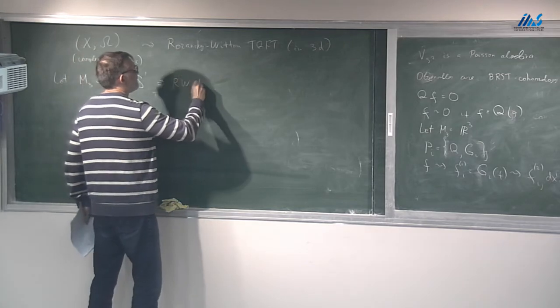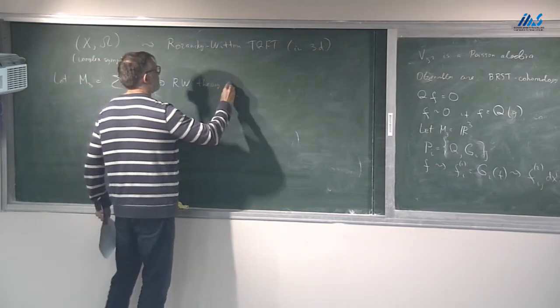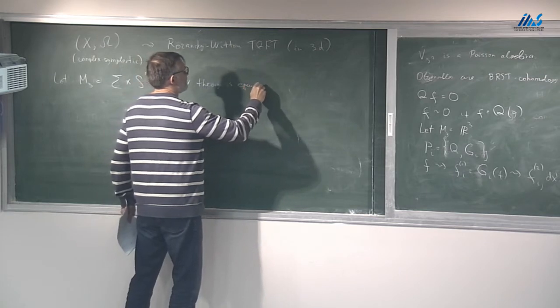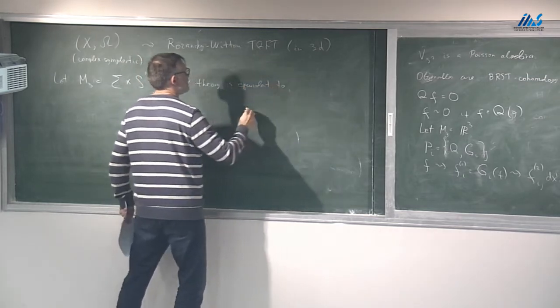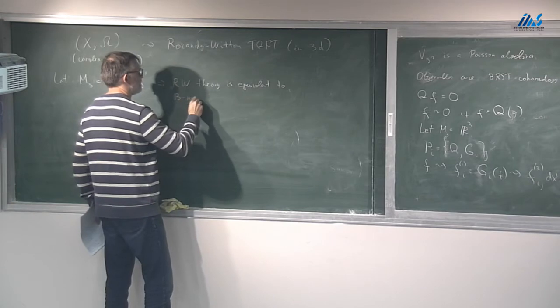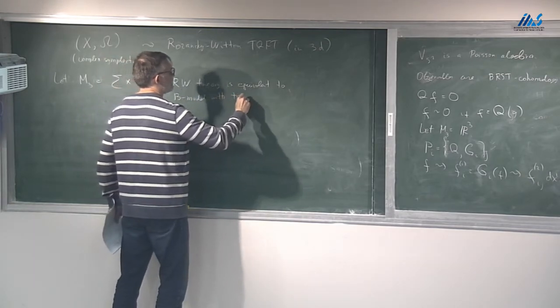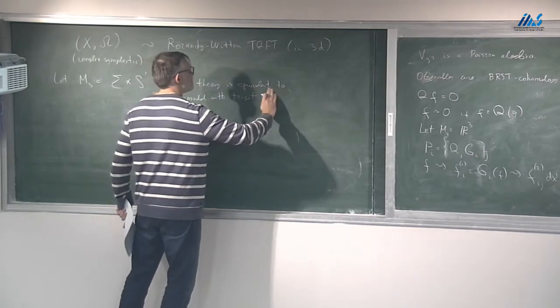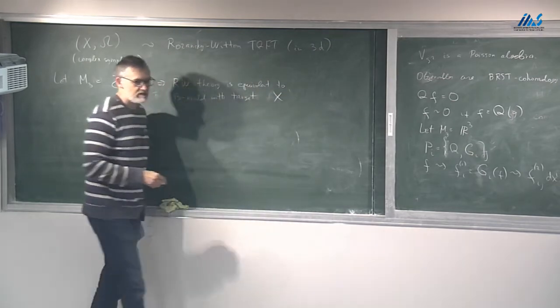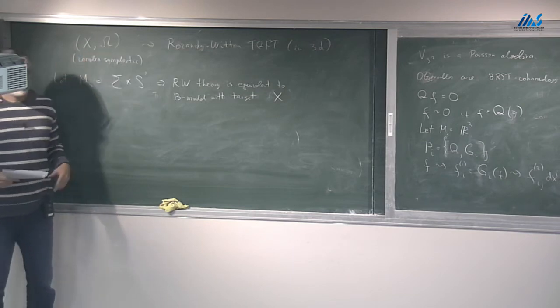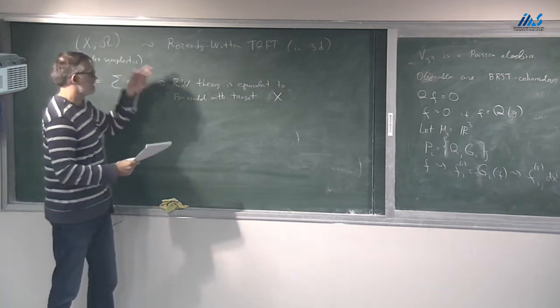Well, it's not hard to convince yourself. In this case, you get the B model with the same target, X. And it's, of course, a Calabi-Yau manifold simply because it's complex symplectic to begin with. But other than that, the symplectic form doesn't really matter for this B model.